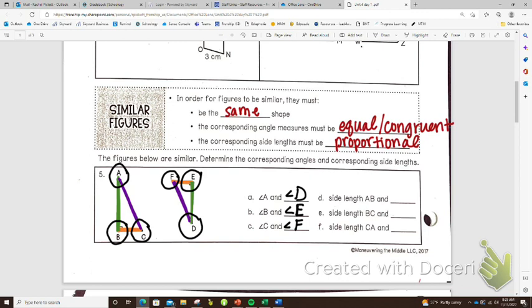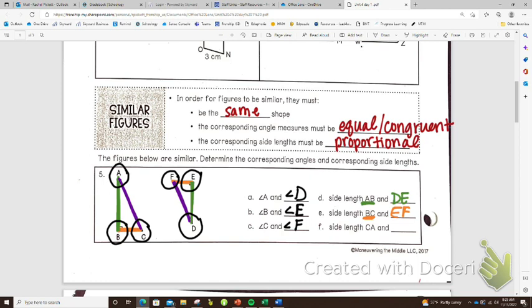So then when we look at our corresponding side lengths, that's when we look at the color coding. So AB, we put in green, and that matched up with DE. BC, we put in orange, and that matched up with EF.